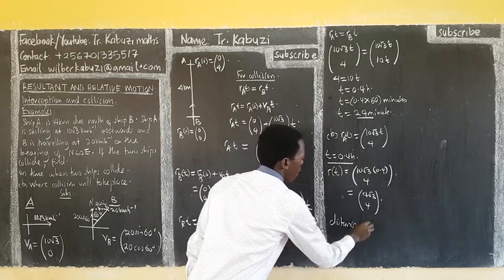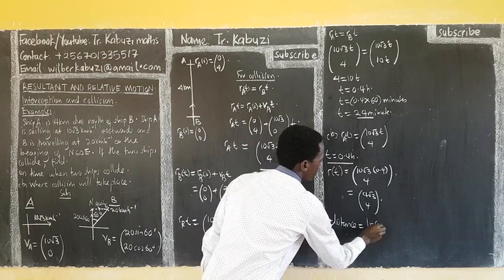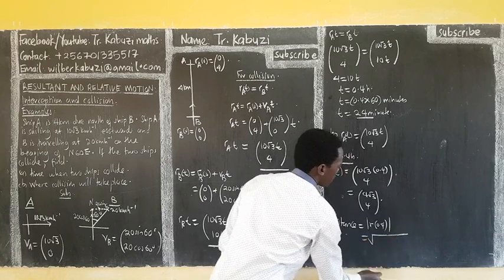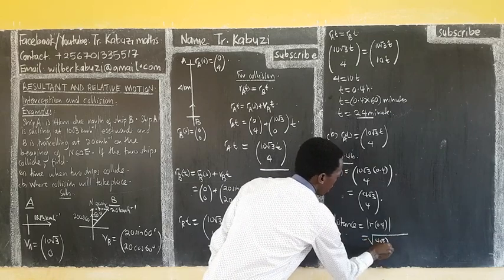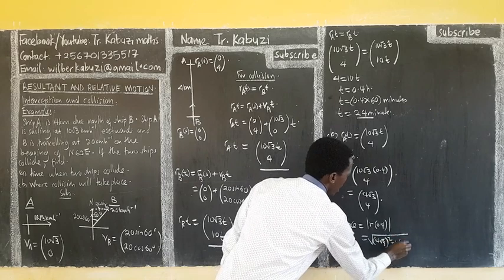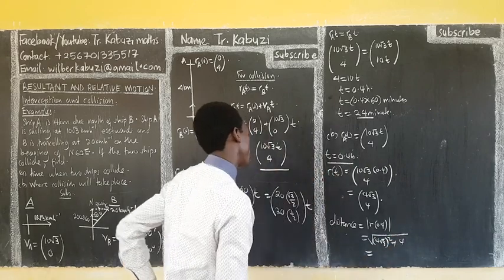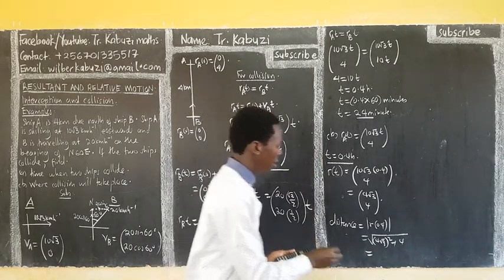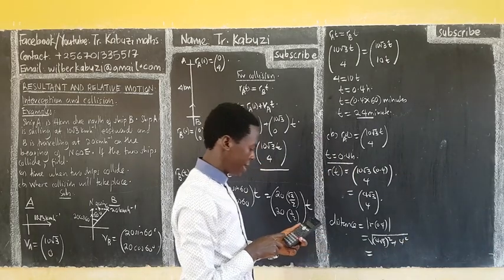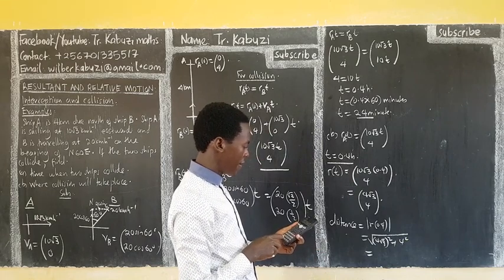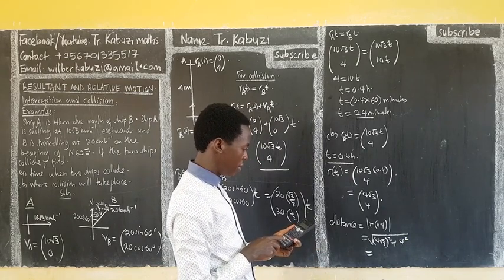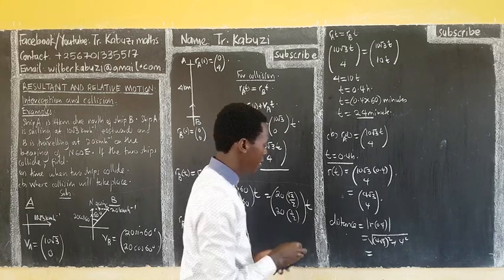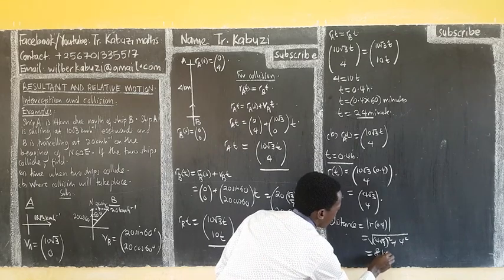The distance will be now the magnitude of R(0.4), which will be the square root of (4 root 3) squared plus 4 squared. This is 16 times 3 plus 16, that is 64, and that will give us 8 kilometers.